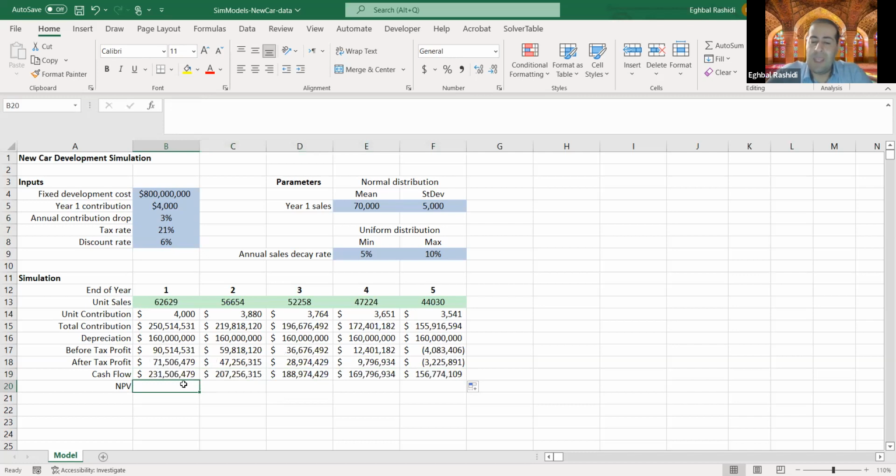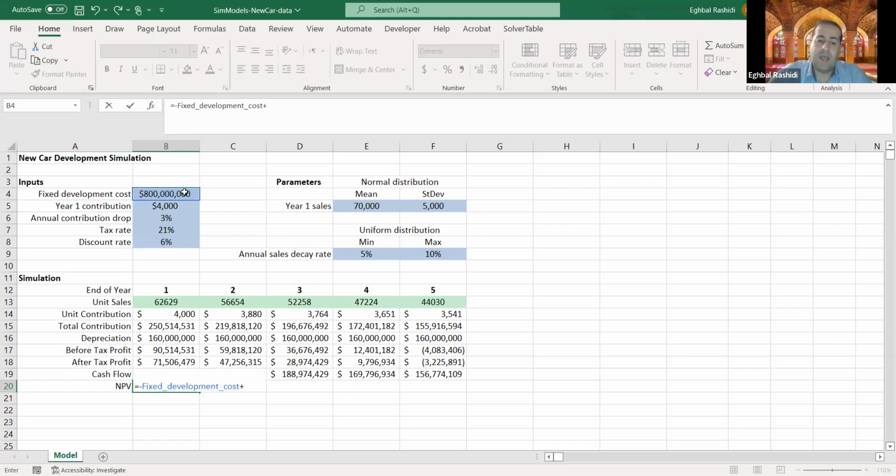Now compute the NPV. So NPV is the net present value of all the cash flow that we have for the next 5 years, plus the cost or the cash flow that we have right now, which is the initial cost or the fixed cost of $800 million. Since this is a cost and the cash flows are positive, I'm going to have to use a negative value here for the fixed cost.